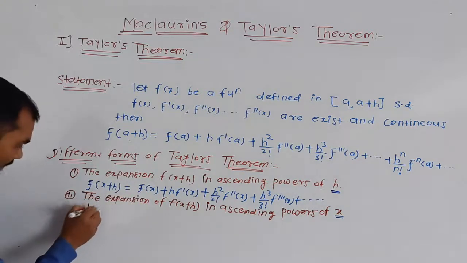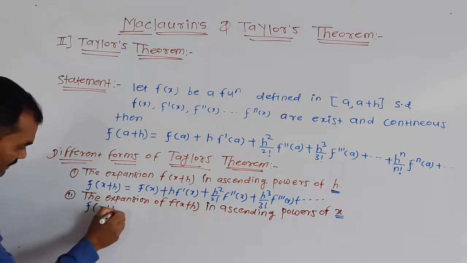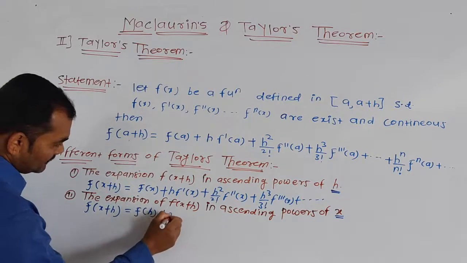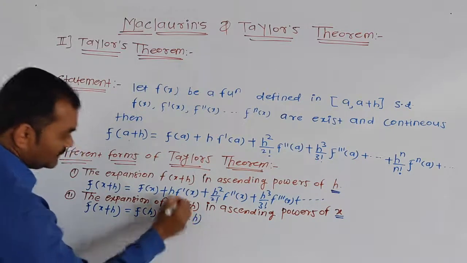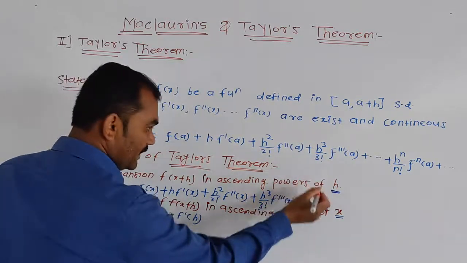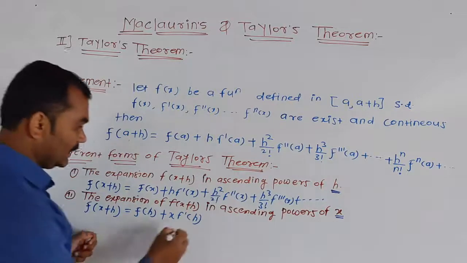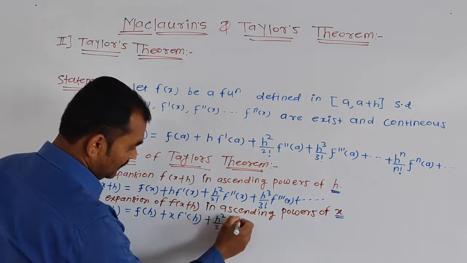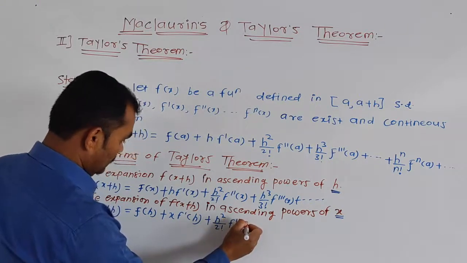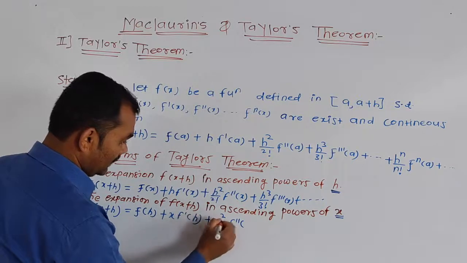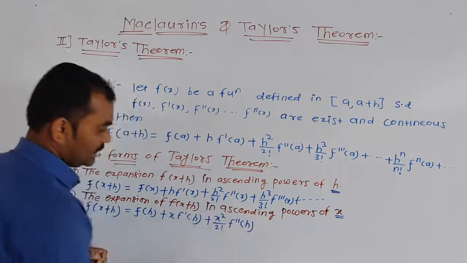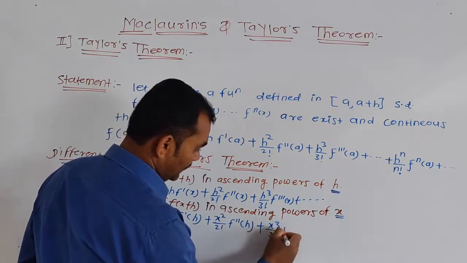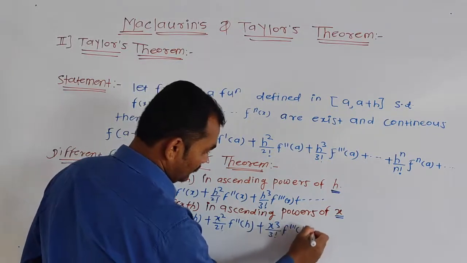So what do we get? f of x plus h is equal to f of h plus x f dash of h. What are we changing? Here ascending powers of h, here ascending powers of x. Plus x square upon 2 factorial f double dash of h plus x cube upon 3 factorial f triple dash of h plus dot dot dot.